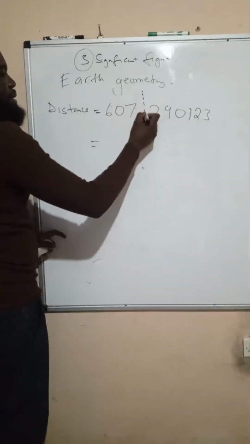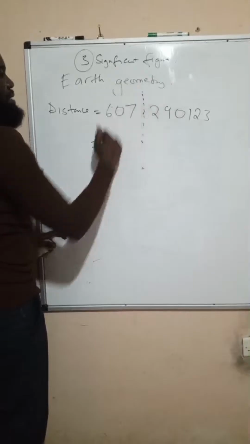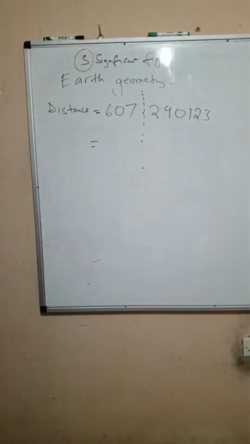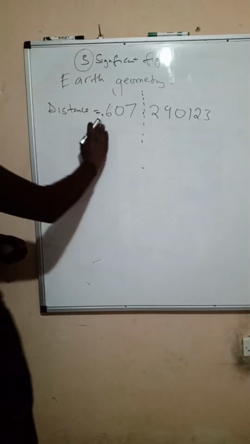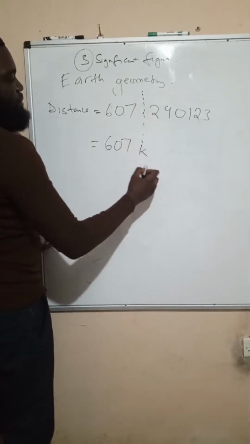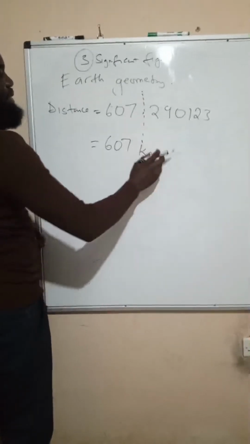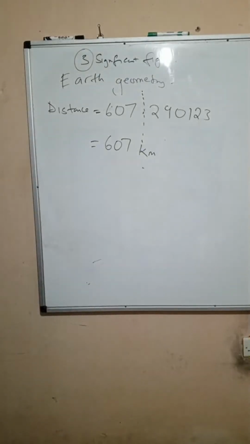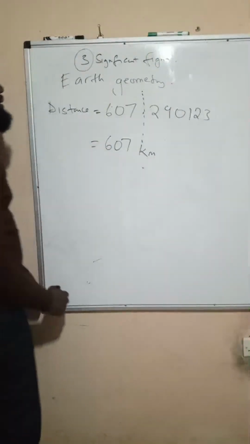So meaning the rounding will come here. You just write it the way it is. If it's kilometers, you put that. If nautical miles, you put that. Like that. Okay? I hope you have understood, guys.